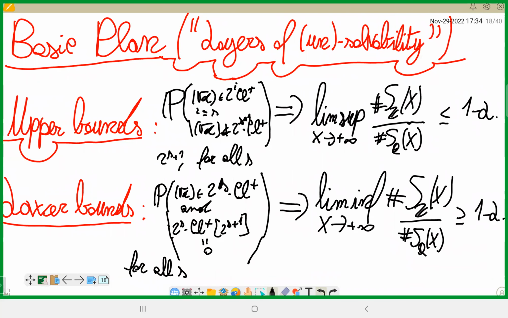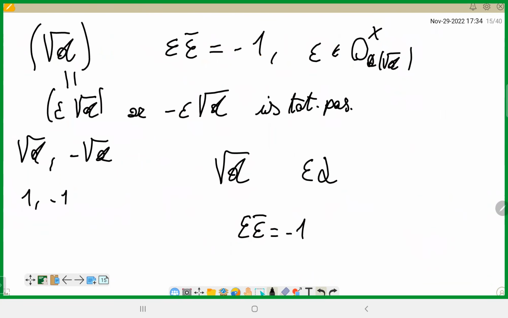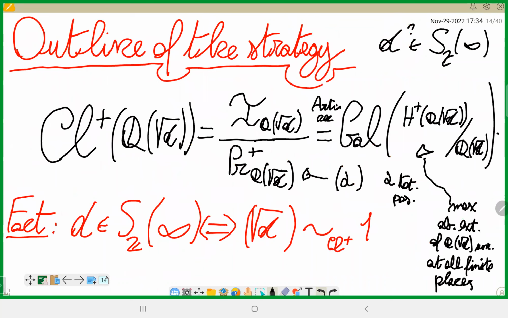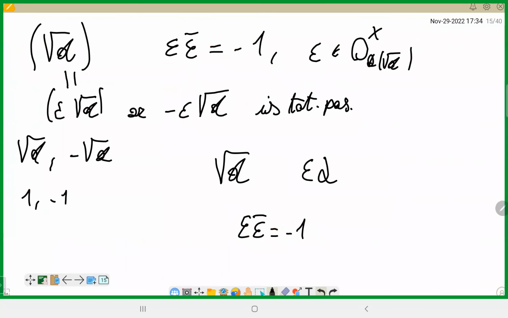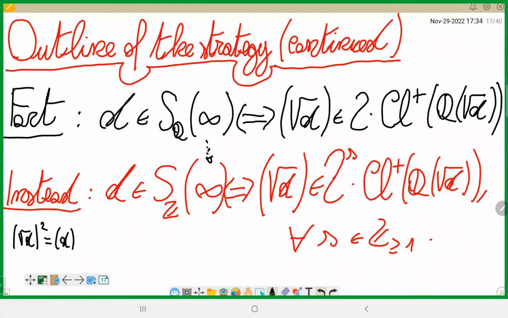So that's the very, very basic plan, where you use this criterion that square root d must be trivial in the narrow class group for the equation to be solvable. You capitalize on the fact that square root d is 2 torsion, to sort of rewrite this criterion as an infinite process of checks, one for each power of 2.